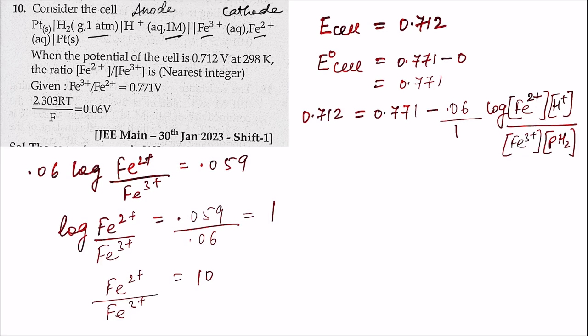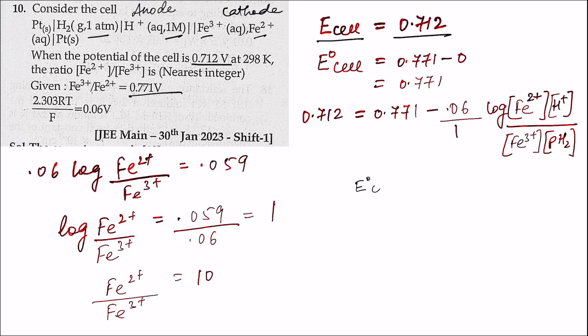Now potential of the cell is given as 0.712 volt, means E cell value is given as 0.712 volt, and you have to find the ratio of Fe2 plus to Fe3 plus ion, means concentration of Fe2 plus ion divided by concentration of Fe3 plus ion. Reduction potential of iron electrode is given as 0.771.